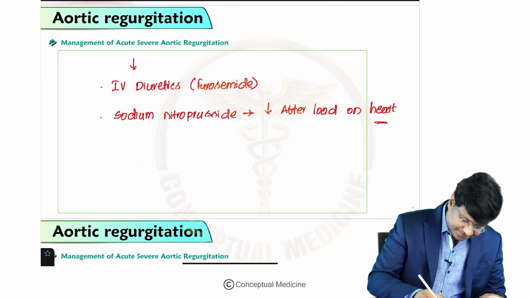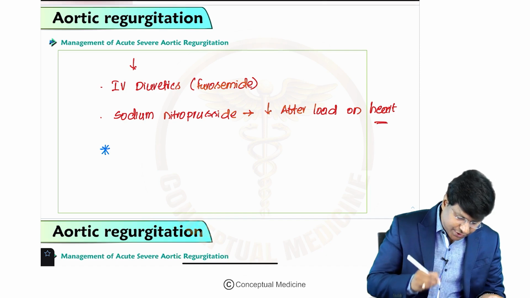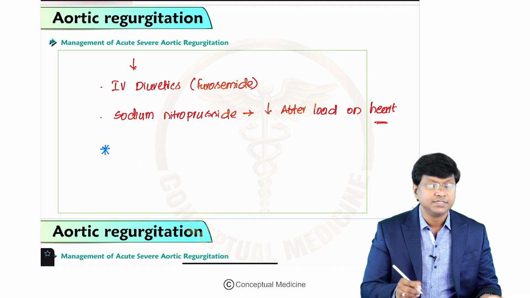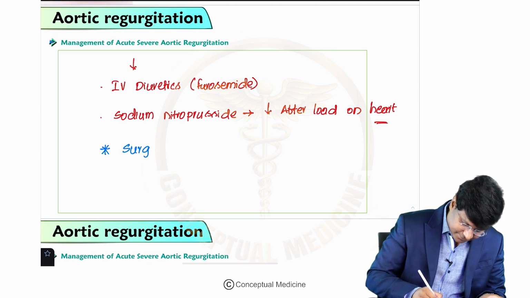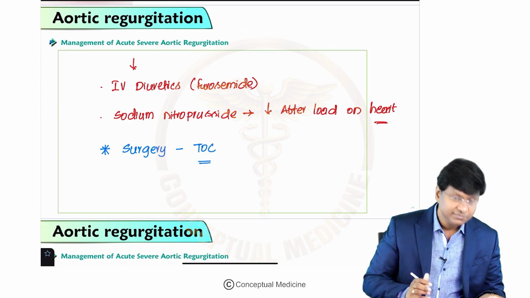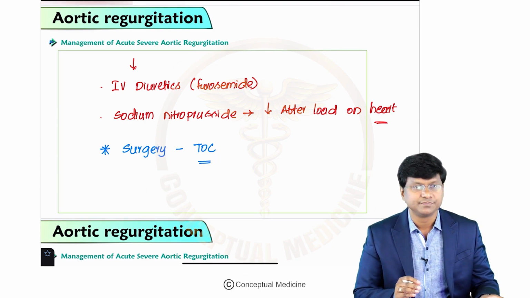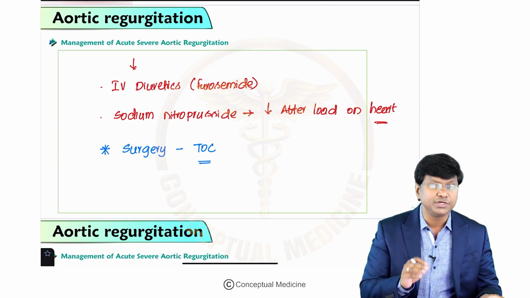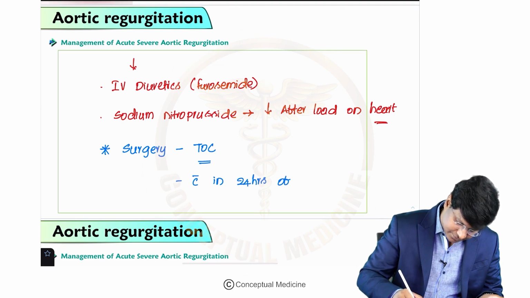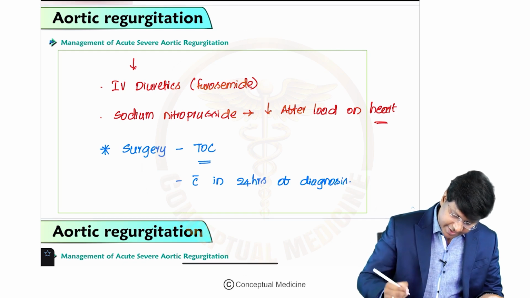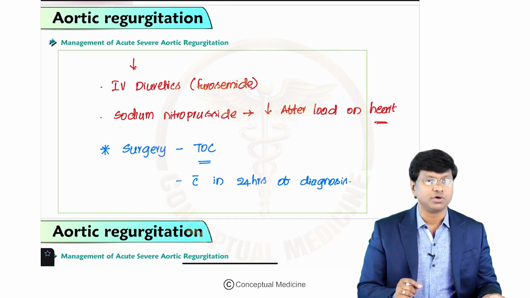And in these patients with acute severe aortic regurgitation, surgery is the treatment of choice, and it is usually done within 24 hours of the diagnosis.